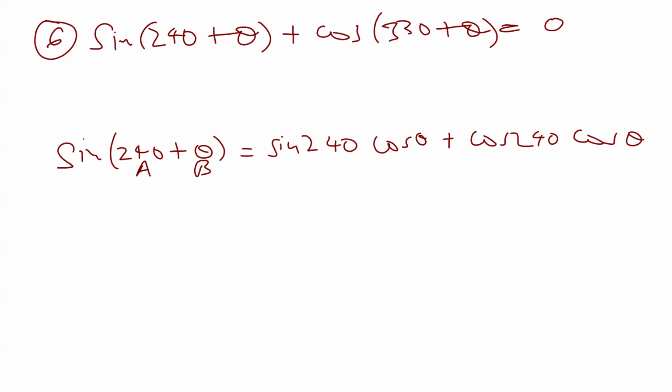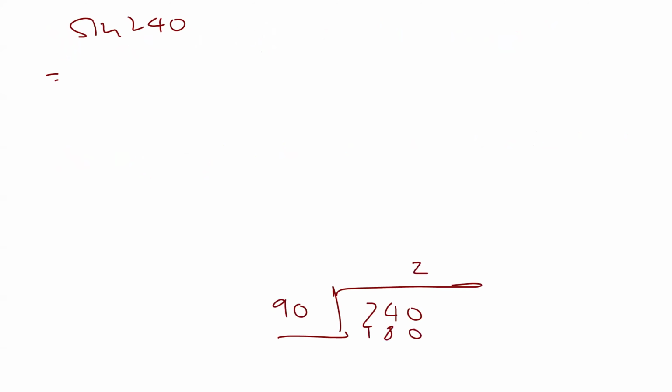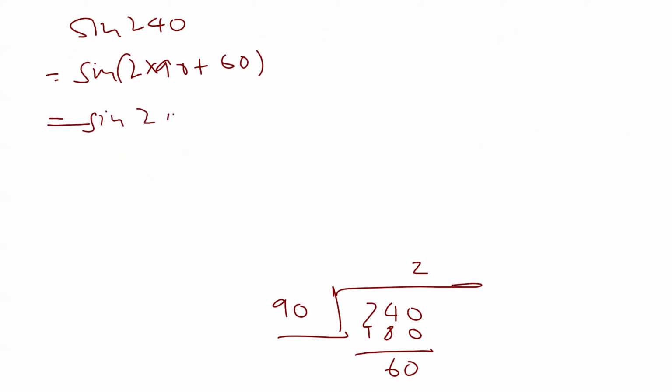Okay, so I will just calculate the values of sin 240 and cos 240. Let us start with that calculation. Sin 240: 240 divided by 90, 90 twos are 180, so this is 60. Sin of 2 into 90 plus 60, that is 2 pi by 2 plus 60.